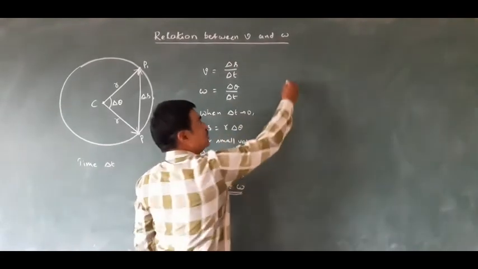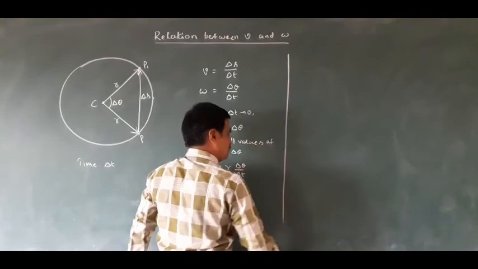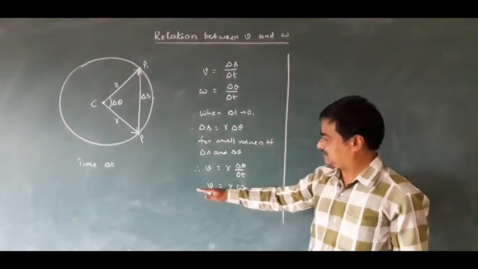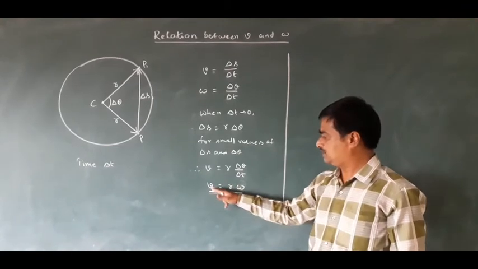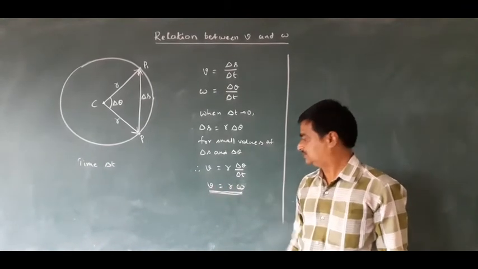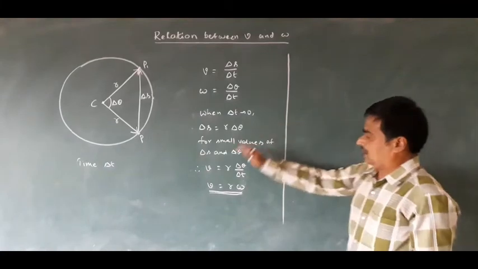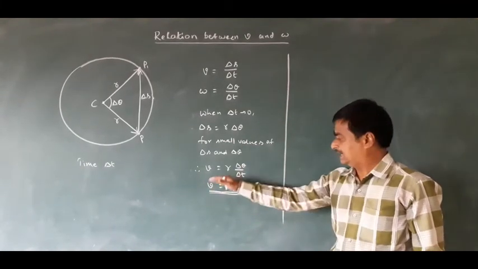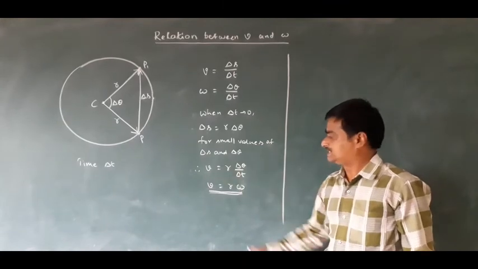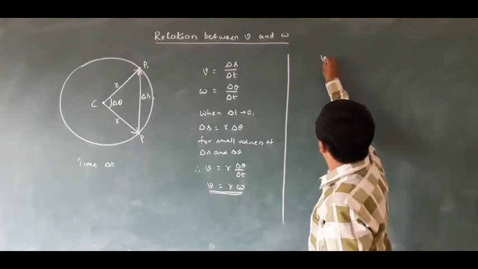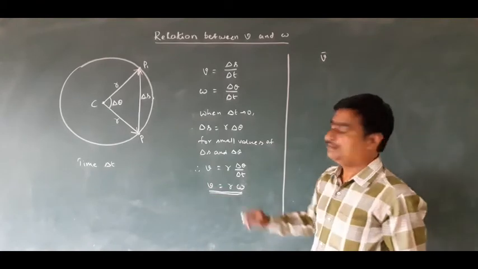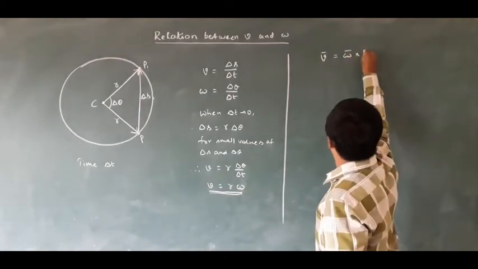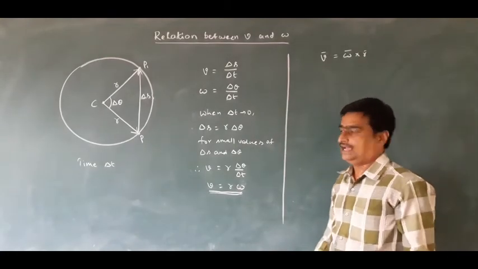Up to now, we did not talk anything about the directions. If you simply take the magnitudes, v is equal to r omega. Now I try to explain the relation between these quantities in a vectorial picture. If we write the same thing, v bar is equal to omega bar cross r bar.